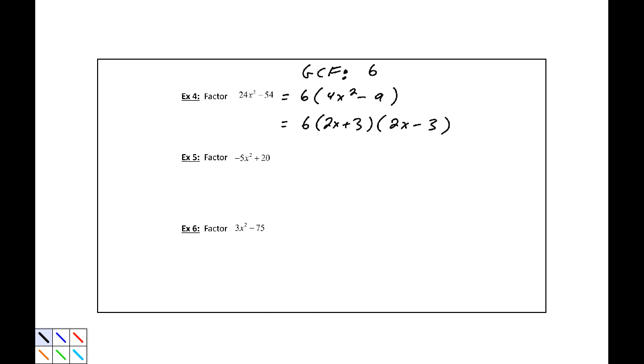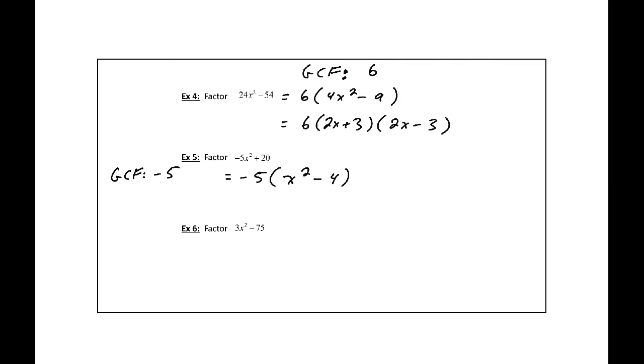Example 5: factor negative 5x squared plus 20. Again, these are not perfect squares. However, I can factor out a greatest common factor of negative 5, because our first term is negative. So I could write this as negative 5 times (x squared minus 4).